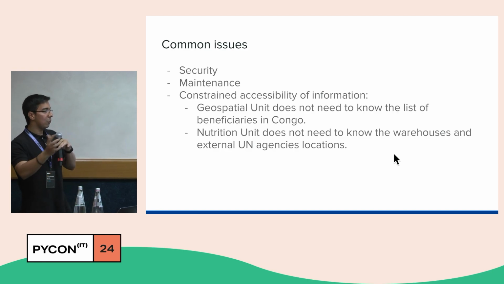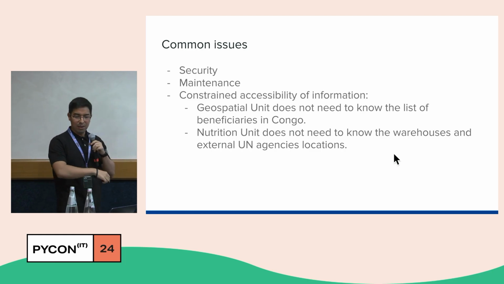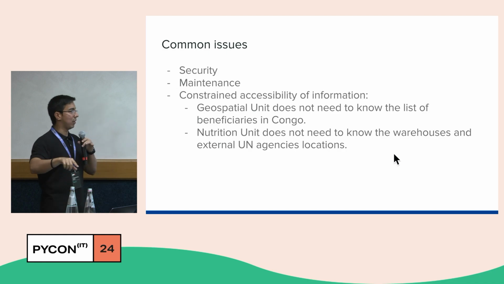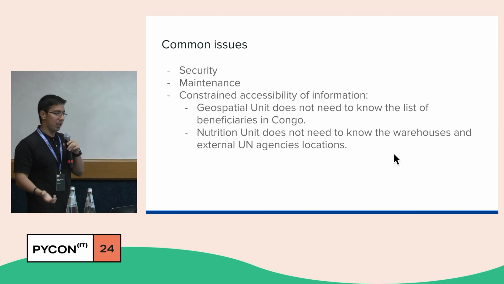In terms of maintenance, what I was mentioning regarding the synchronization of the databases, or sometimes an employee is relocated to another country and then the accessibility of those resources changes, it's going to be quite complicated to synchronize everything across the whole organization. And then sometimes it's constrained accessibility of information.